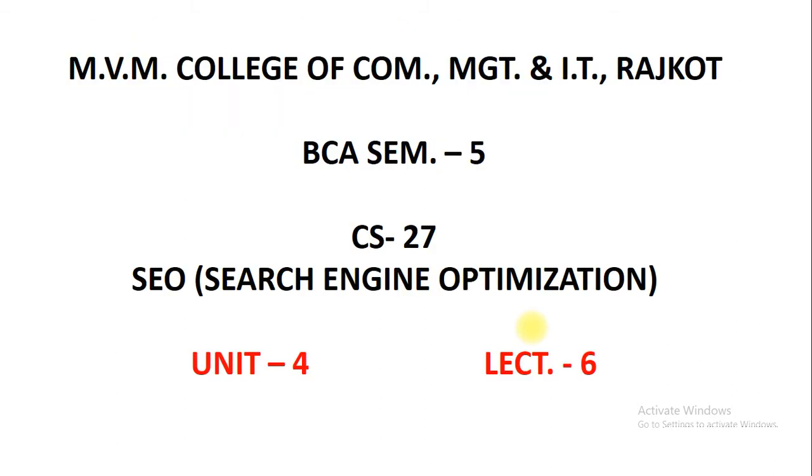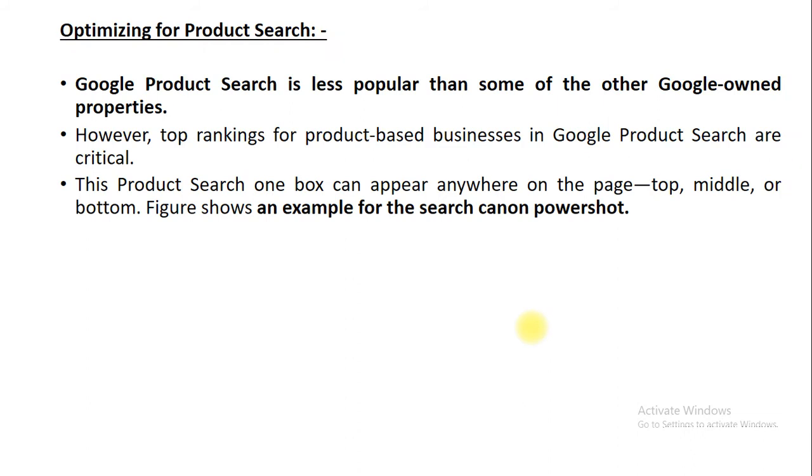Now let us begin with today's session, which is optimization for product search. This particular facility of Google is not very popular, but nowadays product search is also possible using Google search.